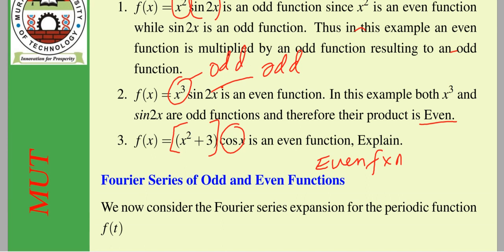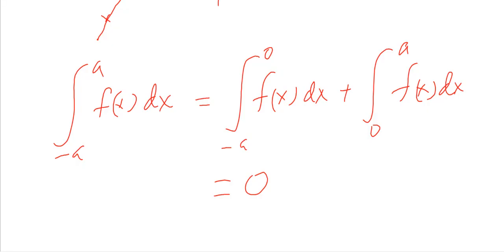Now, there are many other even functions and odd functions we can get. But it is important to understand that not all functions will be even or odd. There are functions which are neither even nor odd. A function like an exponential function, f of x is equal to e raised to power x, is not even, neither is it odd.